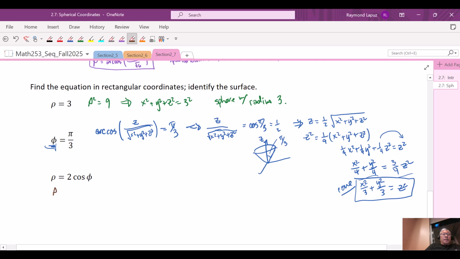So if we multiply both sides by rho, I'm going to squeeze in the rho between the 2 and the cosine, and then I'm going to get rho squared is equal to 2 times rho cosine phi, and I believe rho cosine phi is z, and this is the whole x squared plus y squared plus z squared business. So this is equal to 2z.